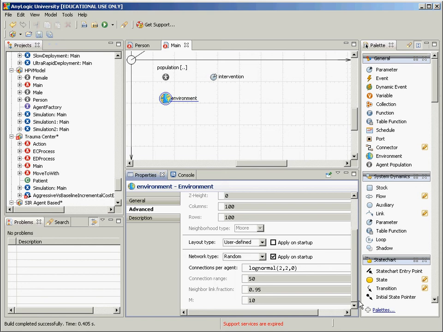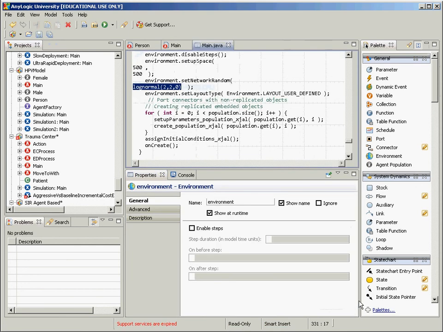Hoodwinked by the interface. So what's happening here is that it's saying, go set up a random network with these properties. It's saying, establish a random network in this population. And what is the number of connections for this random network that are specified? It's a draw from the log normal.